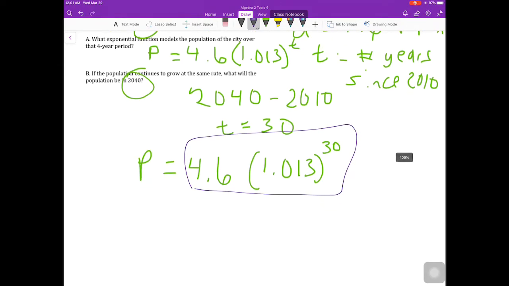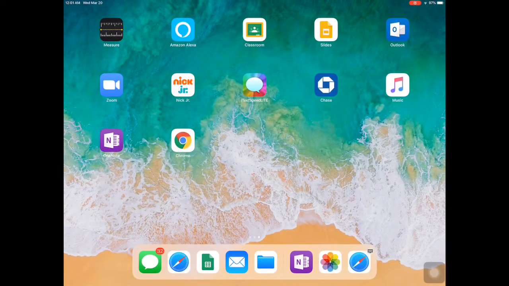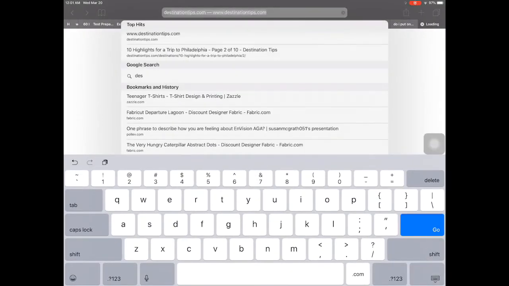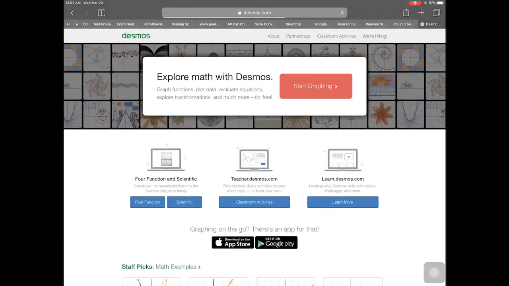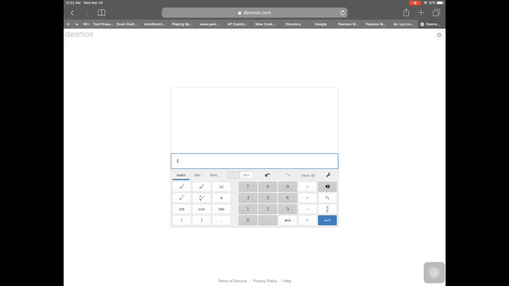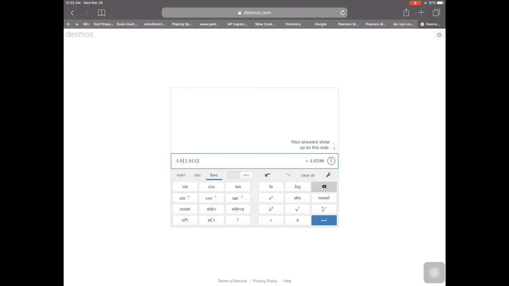So you're going to be using Desmos or whatever you can find. I guess I could pull up Desmos on here for you. Sorry, I should have already had this pulled up. Okay, and I like the scientific, so we're going to do 4.6 times 1.013 to the, let's see if I got a function here.